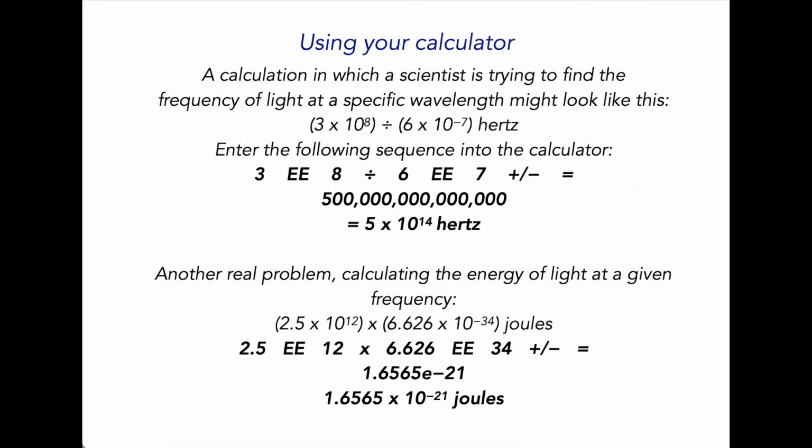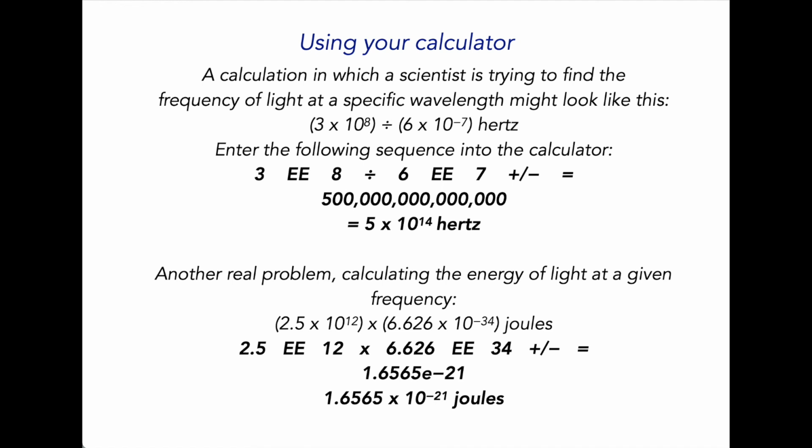And here's another little real-life problem in which the calculator will give us the answer as scientific notation. In this case, the scientist is trying to calculate the energy of light which has a given frequency, and the answer will be in units called joules, which are units of energy. So the equation is 2.5 times 10 to the power of 12 multiplied by 6.626 times 10 to the power of negative 34.